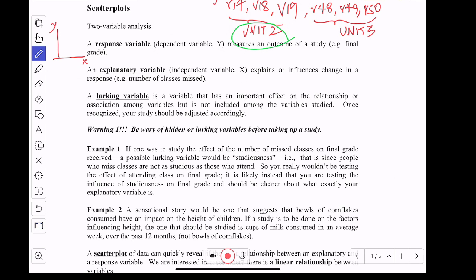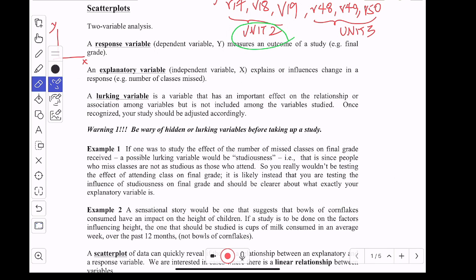You need to decide which one you're going to put on the X and which one you're going to put on the Y. I introduced the concept in the discussion about the relationship. What is the relationship? Because that's what we want to look at when we look at two variables.